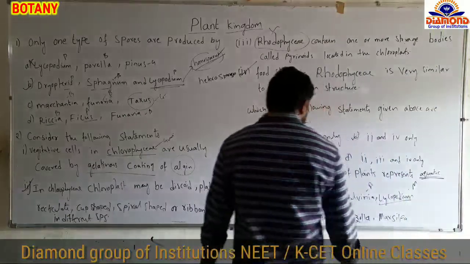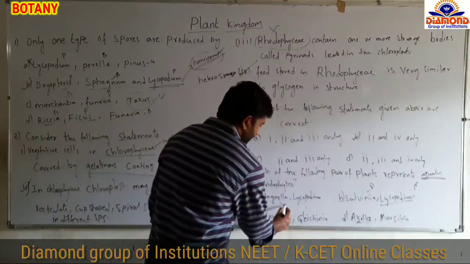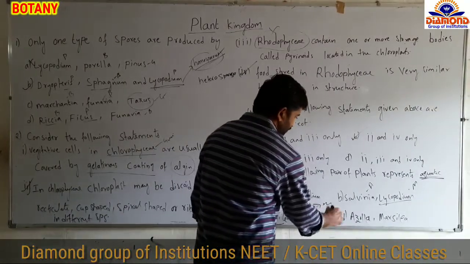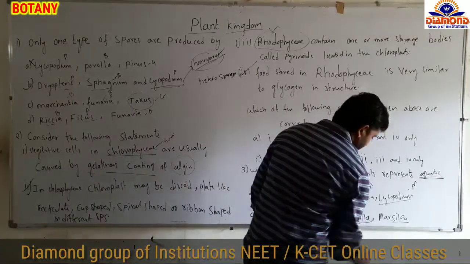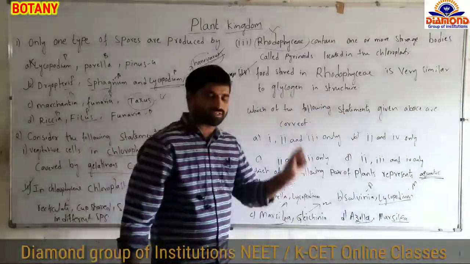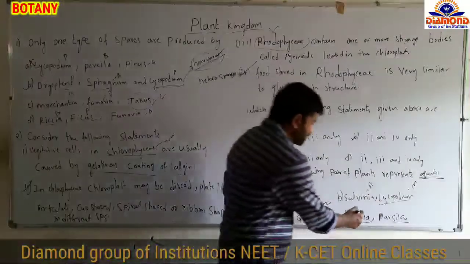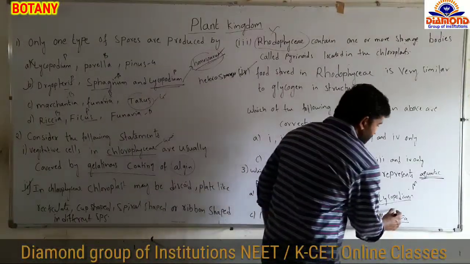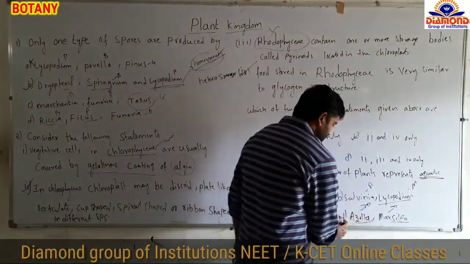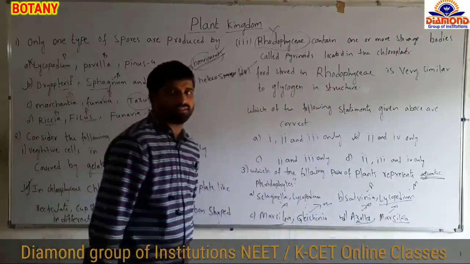Marsilea and Ginkgo: Marsilea is aquatic and Ginkgo is a mesophyte. Azolla and Marsilea: Azolla is a biofertilizer. It is also aquatic and Marsilea is also aquatic. So the answer is D, Azolla and Marsilea.